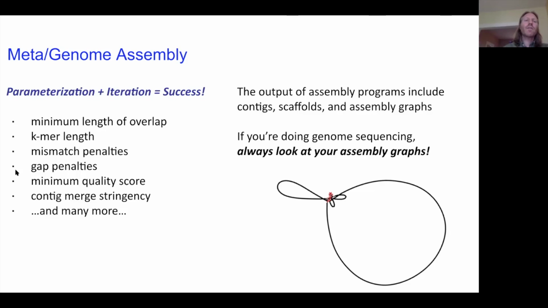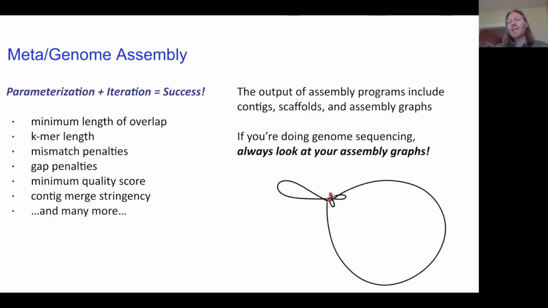So all of these software packages have tons of options that you can change. For example, the length of the overlap or the k-mer length. There's oftentimes penalties for looking at mismatching gaps in the OLC assemblers. Quality scores. There's also all of the factors that go into inserting the reads that you use for the assembly.